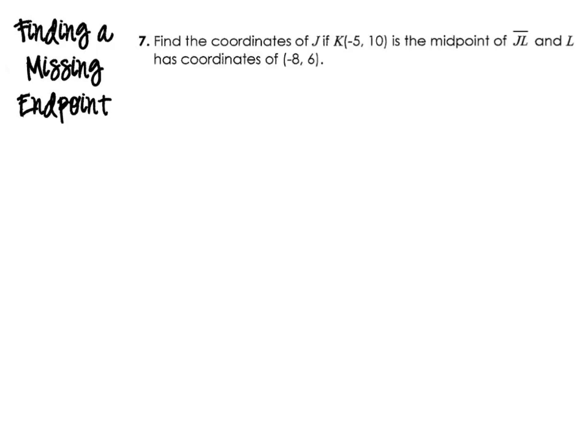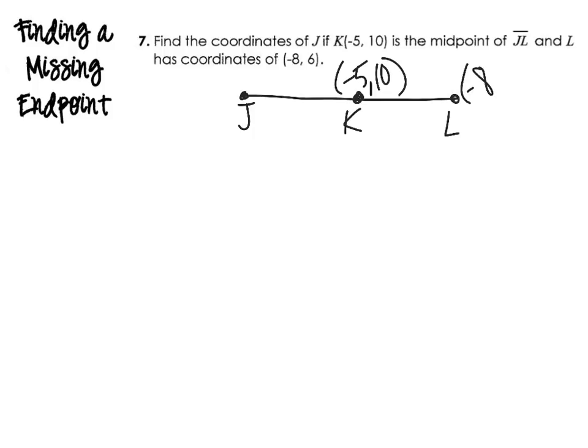So first thing I want you to do is draw a picture. If we've got a line segment, and we know this is J and this is L, we're looking for J, and we're given K is the midpoint. K is negative 5, 10, and L has the coordinates of negative 8, 6.